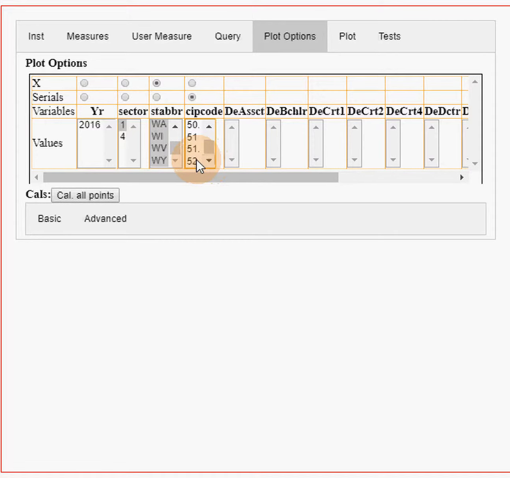So let's do that, the 52 and 13, and let's look at the sum.